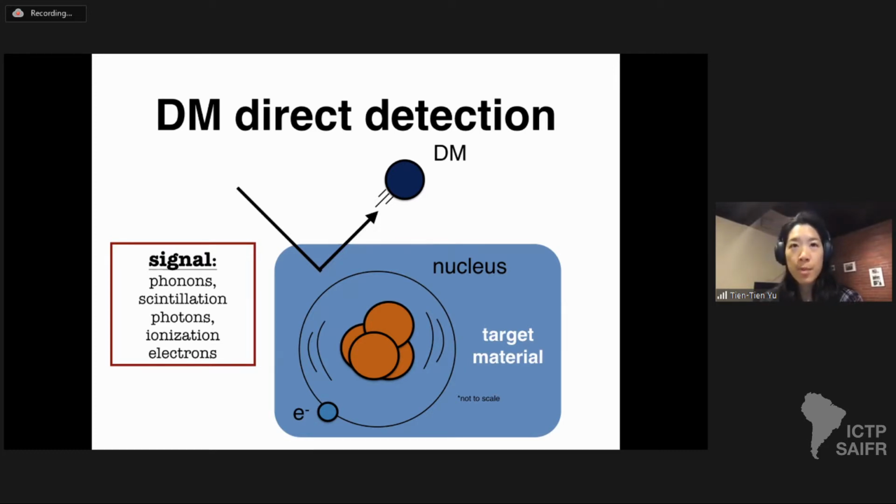And you wait for dark matter that's surrounding us in our halo to come in and interact with the target. And traditionally for WIMP searches, you look for the dark matter that will scatter off of the nucleus. This nucleus will recoil, and this recoil energy gets transferred into some observable signature depending on the target material. And these signatures are, for example, phonons, photons, or electrons.